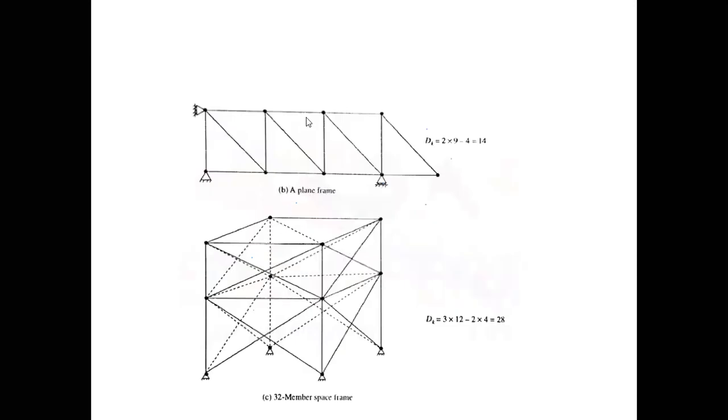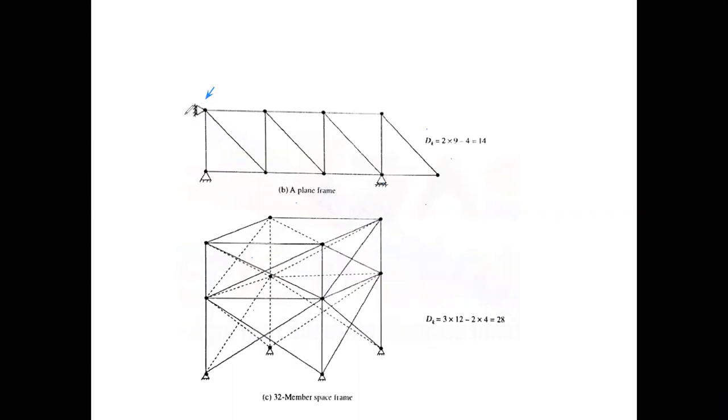Now again, another case of a pin jointed plane frame. This is an example of a pin jointed plane frame. Here we look at the total number of internal reactions.